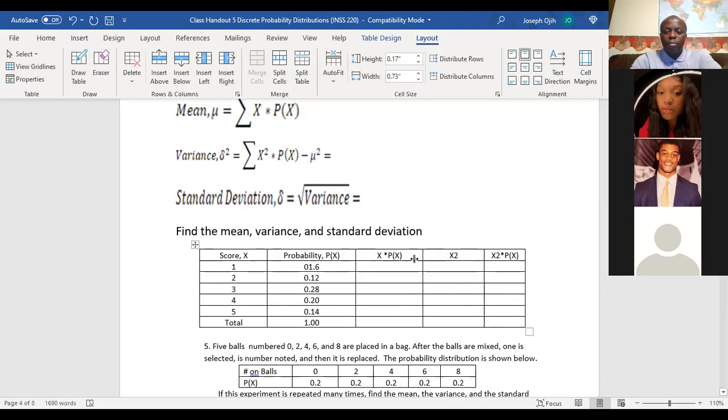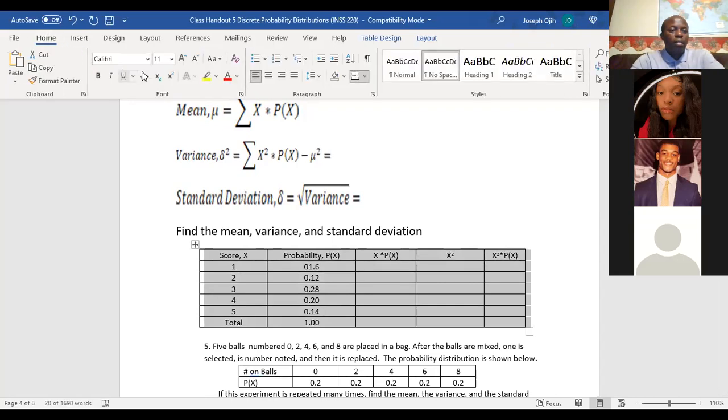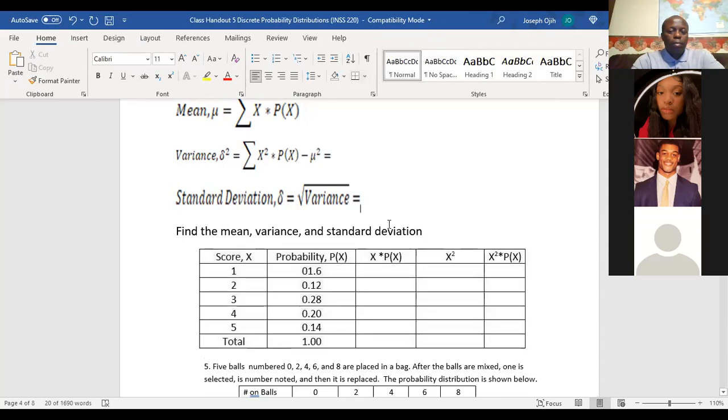Once we fill up these 3 columns, we can now finish up. X squared times px. This is x squared. So I'm going to make this a little bit bigger so you can see this properly. Okay, now x squared times px.